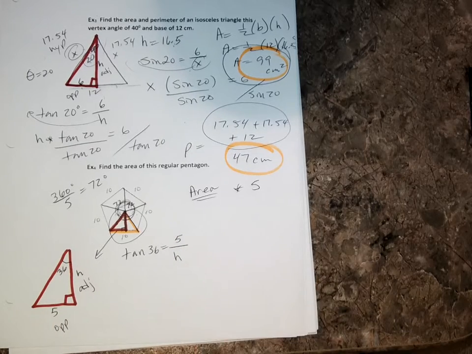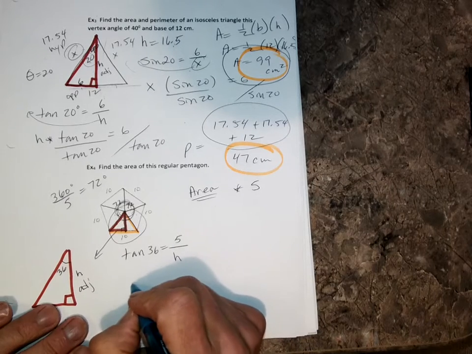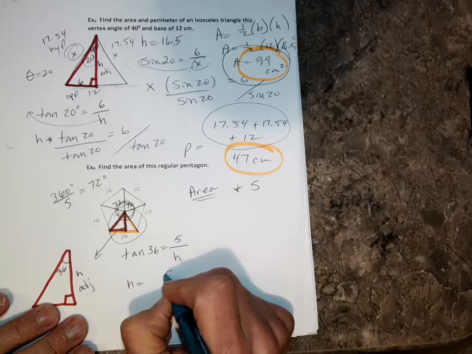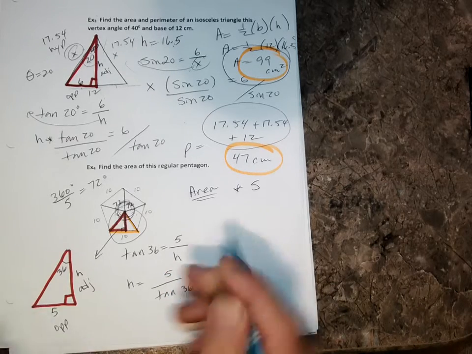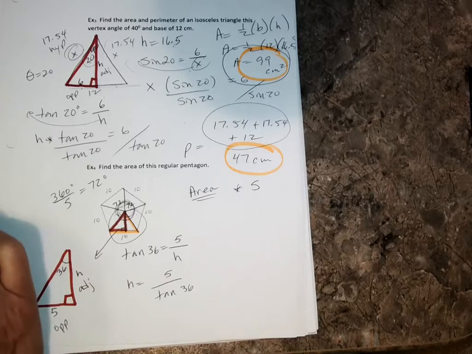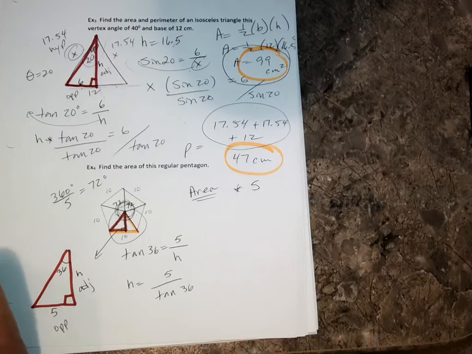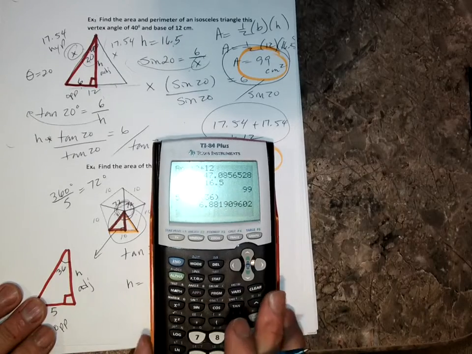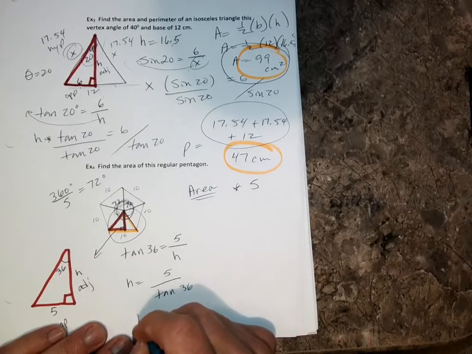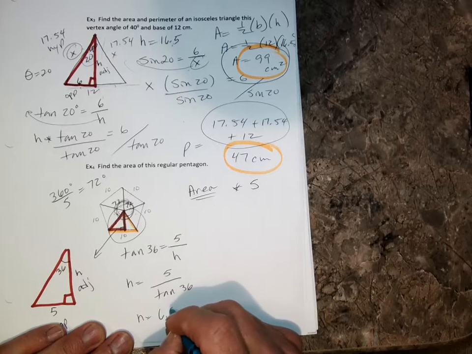So here's what we've been doing. We know we're going to divide. So let's just skip a step and say that h is equal to 5 divided by the tangent of 36. And I'm just going to use my calculator. Okay, 5 divided by the tangent of 36. An answer of about 6.88. So the height of this triangle is 6.88.